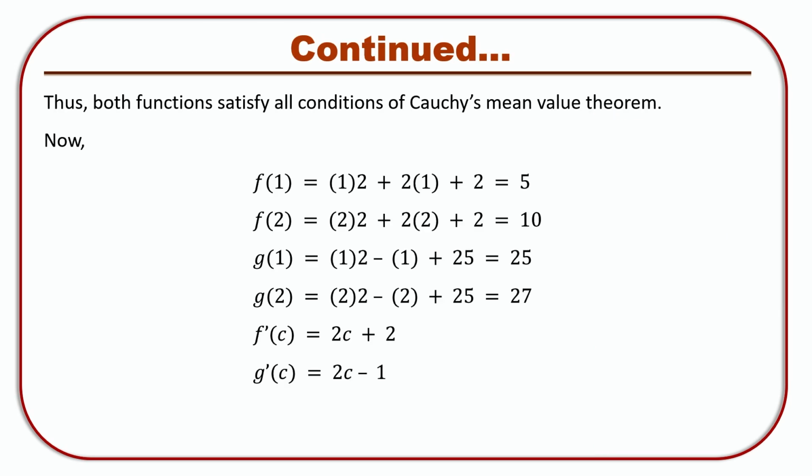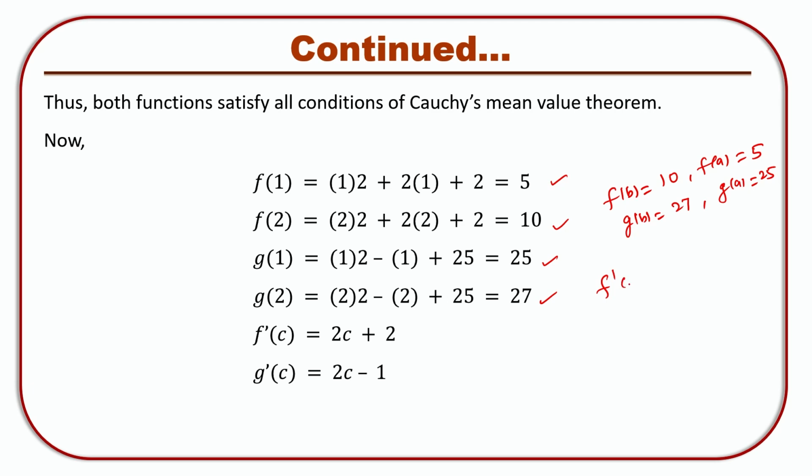But now here we are calculating all these possible values. So we have calculated f of b as 10, f of a is equal to 5, g of b equal to 27 and g of a equal to 25. We have calculated here.